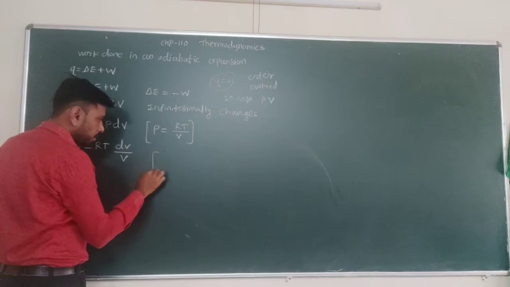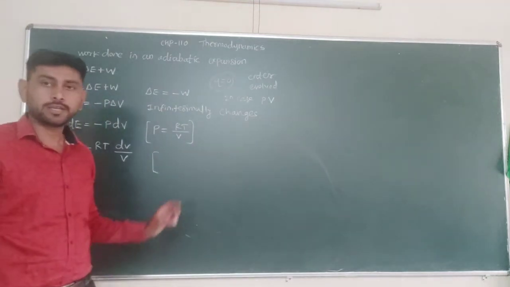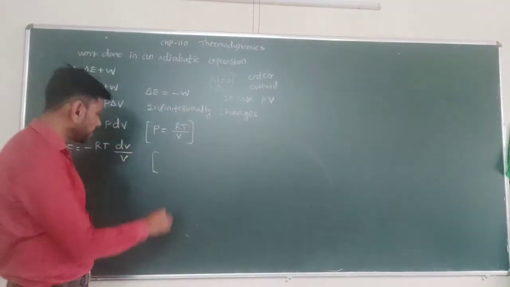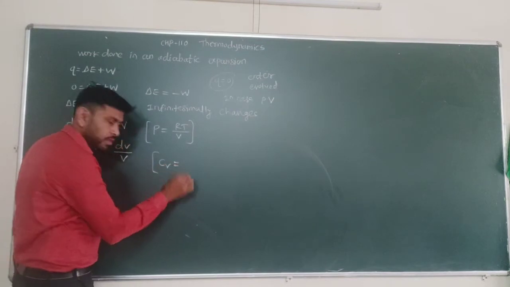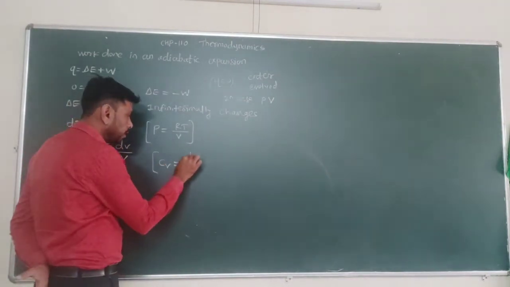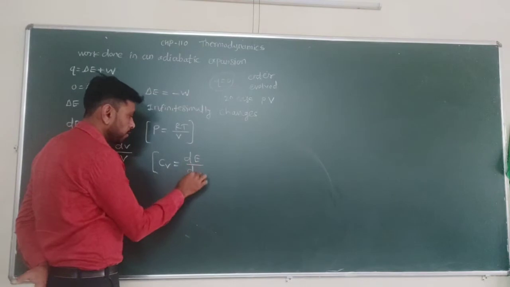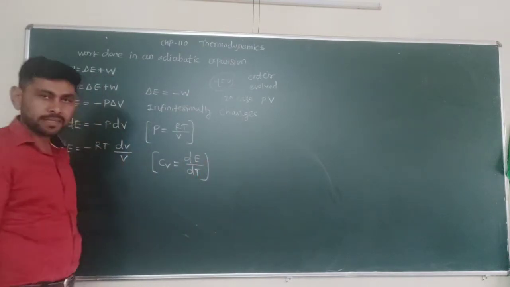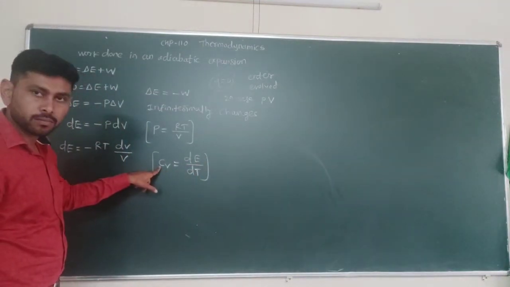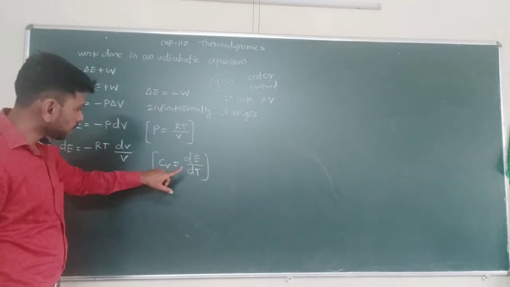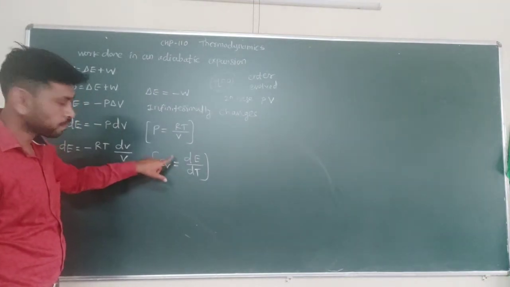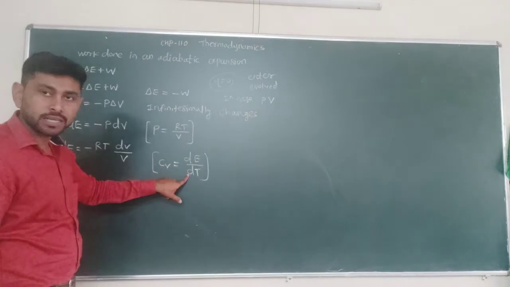Now from the definition of heat capacity at constant volume. What is heat capacity at constant volume? CV equal to dE by dT. So here heat capacity at constant volume CV equal to dE by dT.